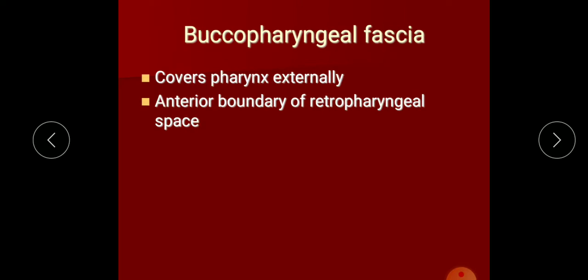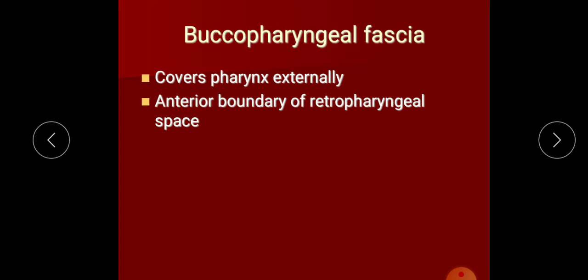So now we finished the muscles, and now we are going to the last layer, that is what is termed as buccopharyngeal fascia. So this buccopharyngeal fascia is covering the pharynx externally. And you know the pharynx is a fibromuscular tube. It has got several coverings. The last covering is the buccopharyngeal fascia. So still outside, outer to the buccopharyngeal fascia, you find a space.